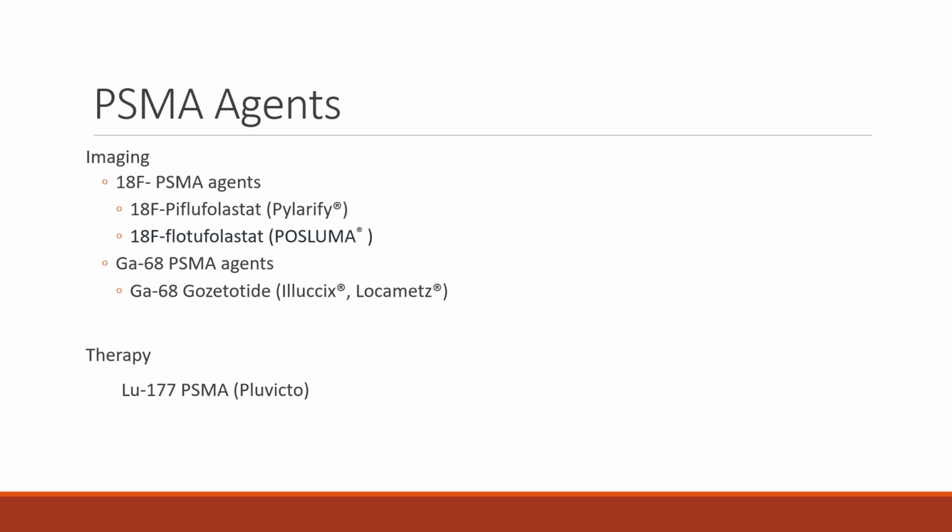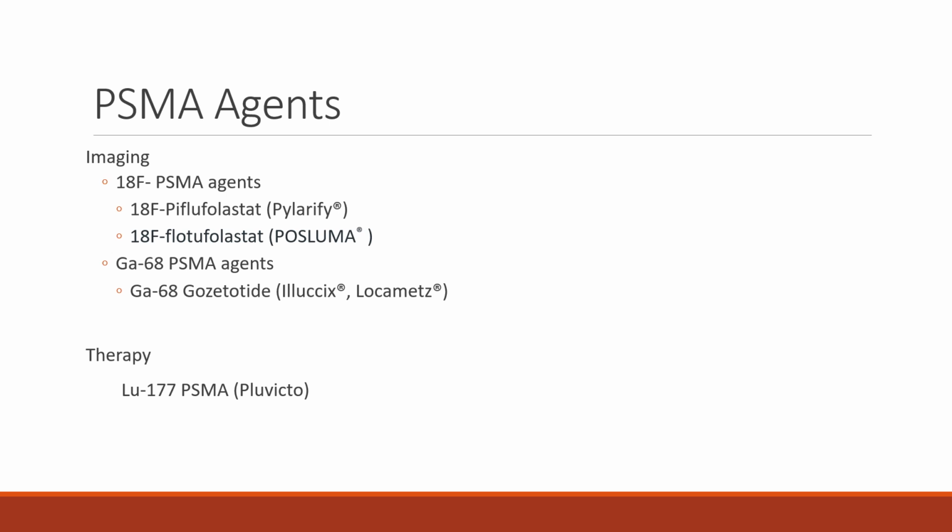And then some doctors will prefer one over the other because they know it has better image quality or whatever. Sometimes it comes down to availability in the area. Sometimes it comes down to cost. Supply chain is still being worked out for a lot of these.